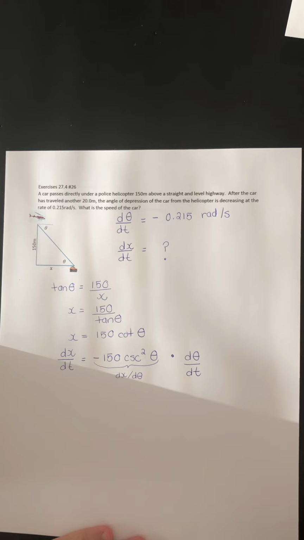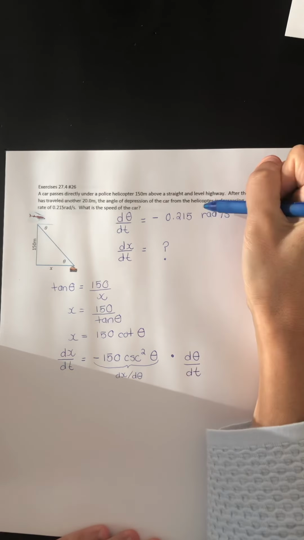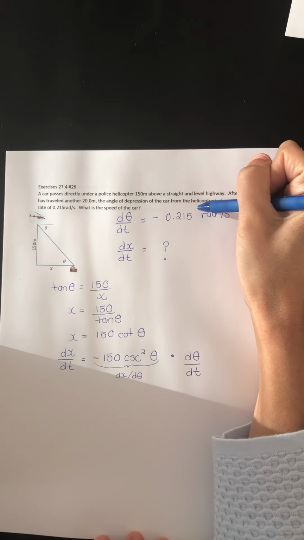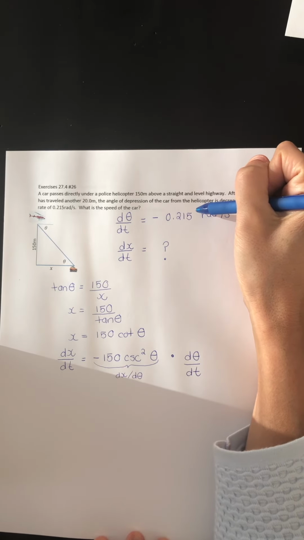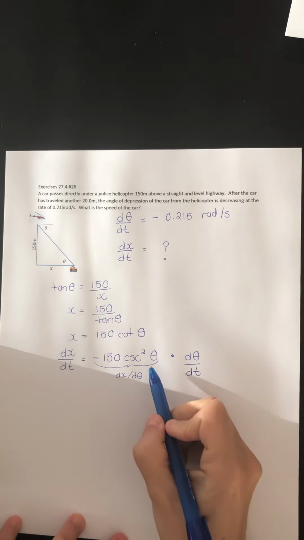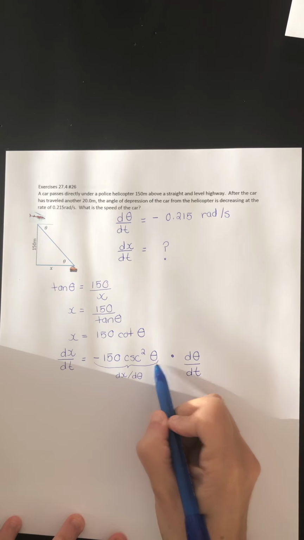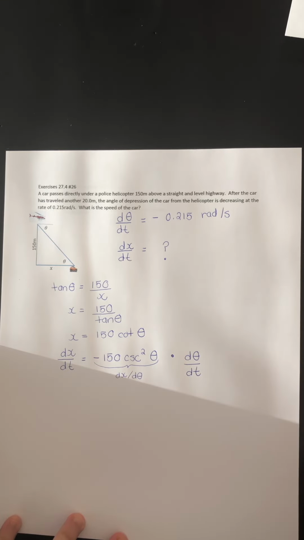Okay, so now I think we're pretty set. We know that right here will be substituted negative 0.215. And then all we need to do is figure out what we're substituting for theta. Now, did they give us a theta value? I think not.